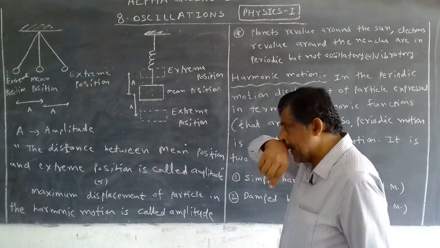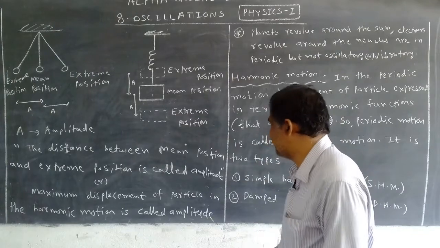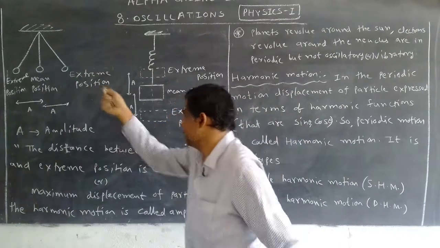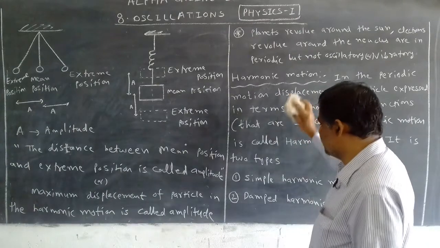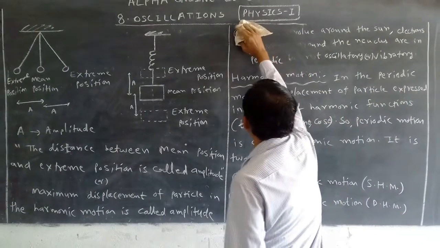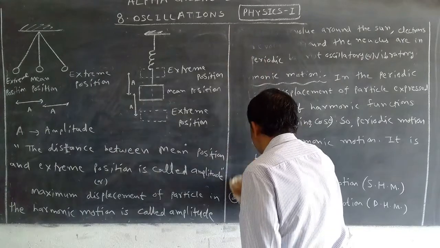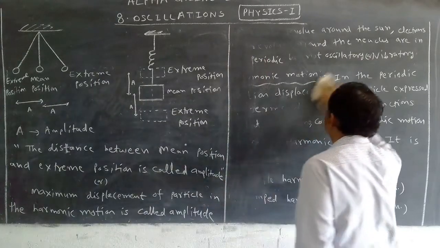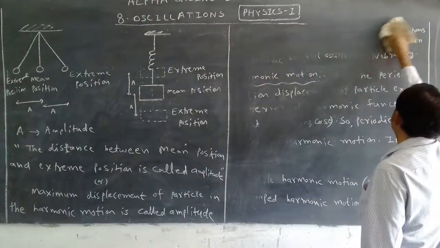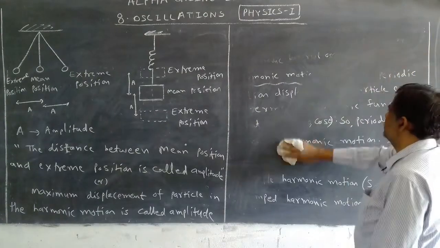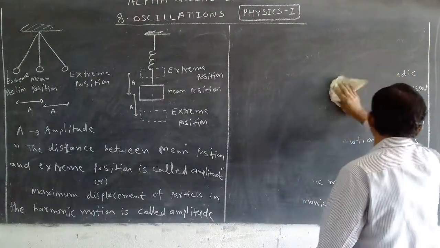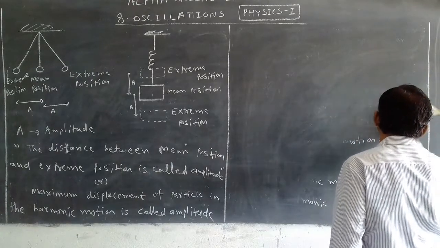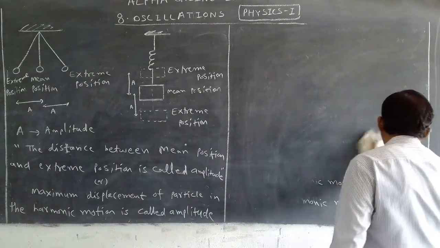Otherwise, the maximum displacement of the particle in the harmonic motion is called amplitude. Amplitude is nothing but a displacement, but the maximum displacement in the periodic motion or harmonic motion.